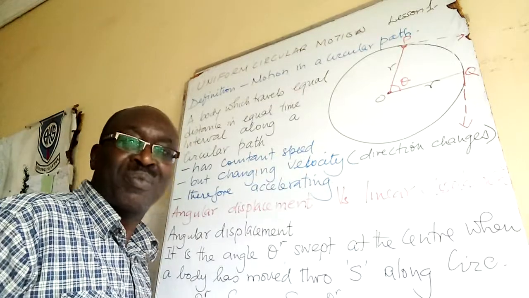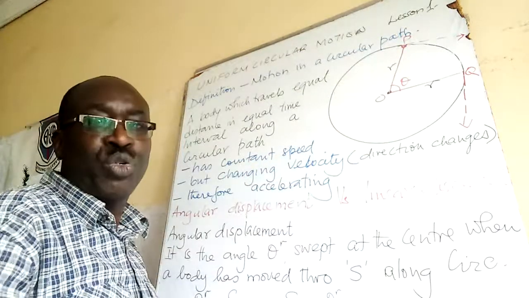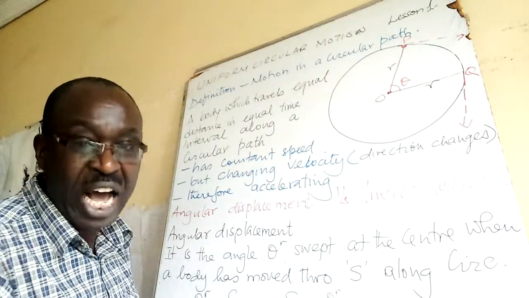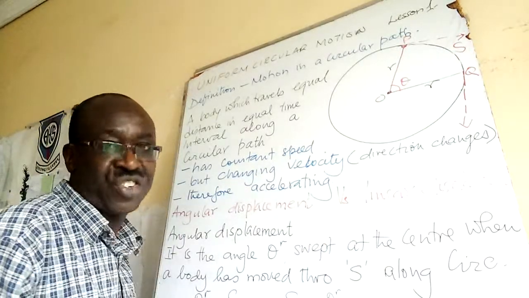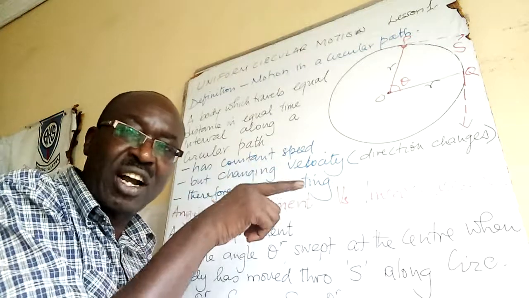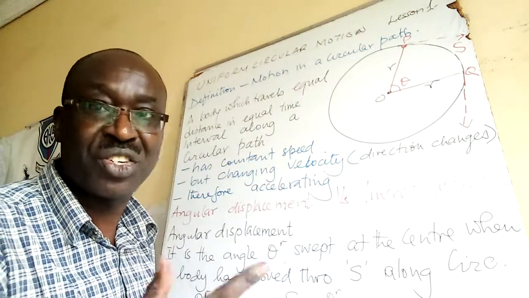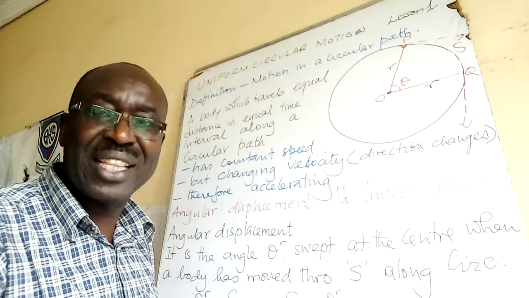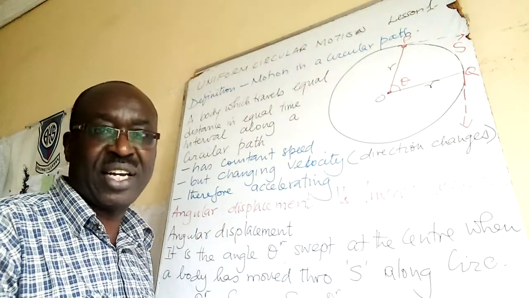Right? Good. In moving from P to Q along the circle, let us give that arc length S. So I've moved from P to Q along the circumference and I've found it to be S meters. In doing so, the arc length has subtended an angle theta at the center.